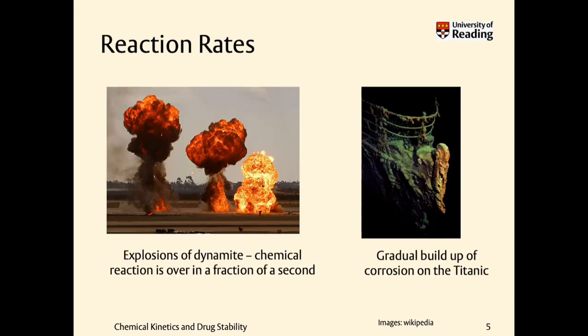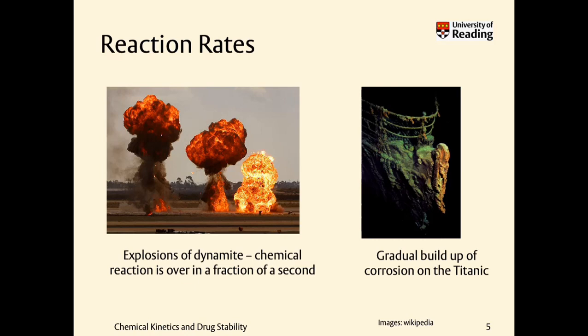Here's a few examples of 2 extremes. So here we have the explosion. This is an extremely fast chemical reaction, and it's completely over in a fraction of a second. It's so fast, which leads to that explosive response.